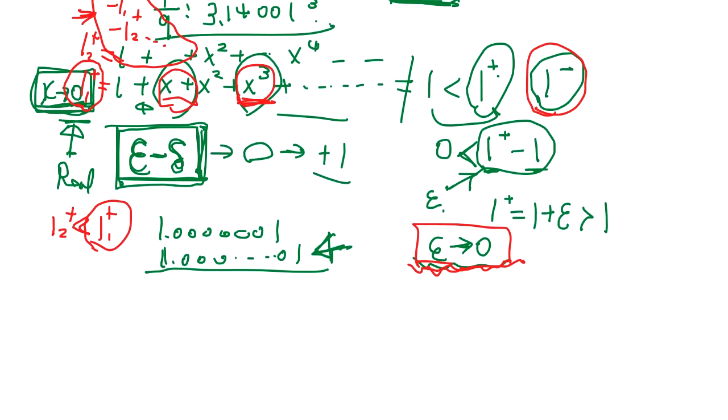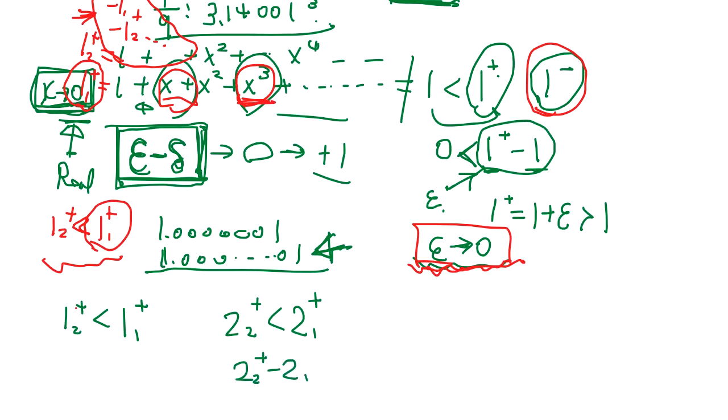So what happens if 1 plus an infinitesimally small number is compared with another 1 plus an infinitesimally small number, or could be 2 plus? If you subtract, then this is going to be some kind of infinitesimally small number again.